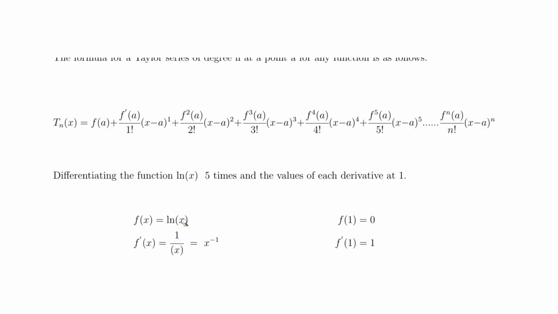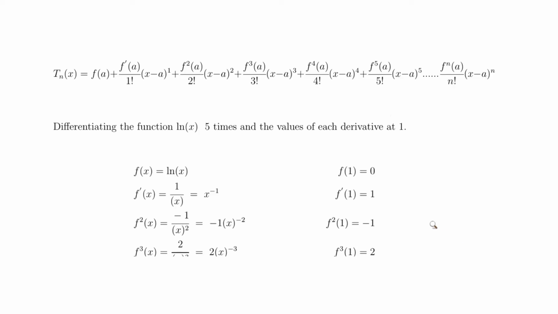The derivative of x is just 1, so it won't make any difference. 1 over x can also be written as x to the power of minus 1, which is sometimes easier to work with using the power rule, but you can still leave it in fraction form. And then for x equals 1, 1 over 1 is just 1. So the first derivative at 1 is 1.